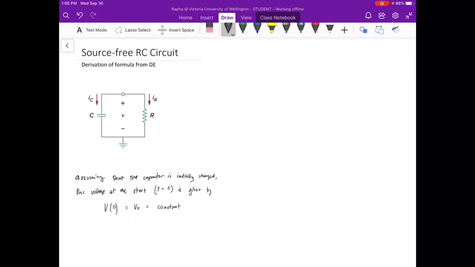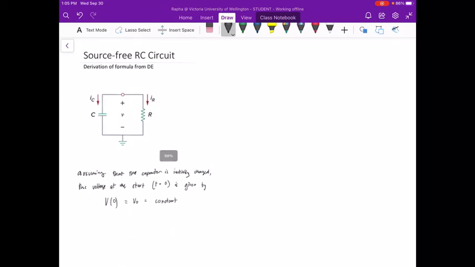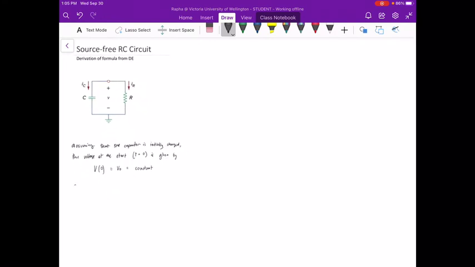In most cases, we always have a constant value of initial voltage that is being charged in the capacitor. This time, applying KCL at the top node. As you can see, there is a node at the top. So the KCL will look like this: I sub C plus I sub R is equal to 0.